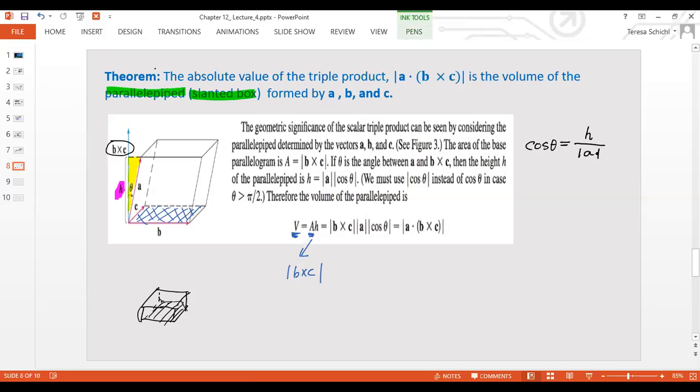The hypotenuse is A. So the height is equal to A cosine theta. This is the height, and this is the area. Area times height is equal to the volume.